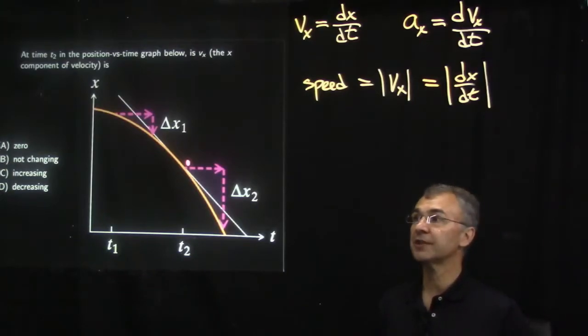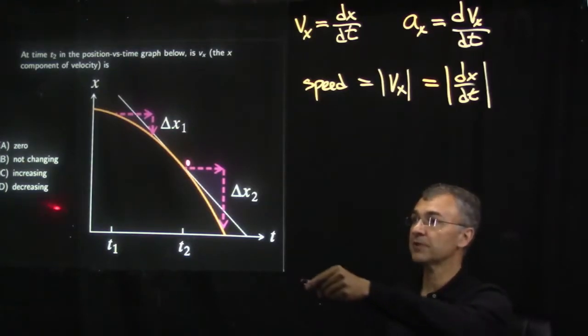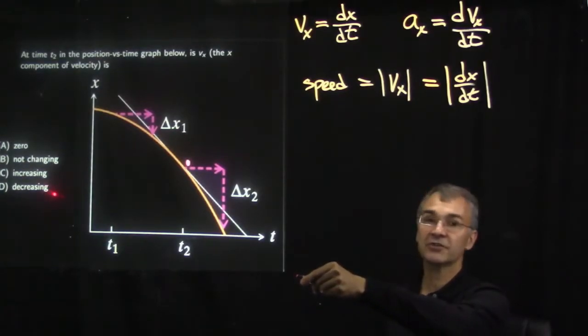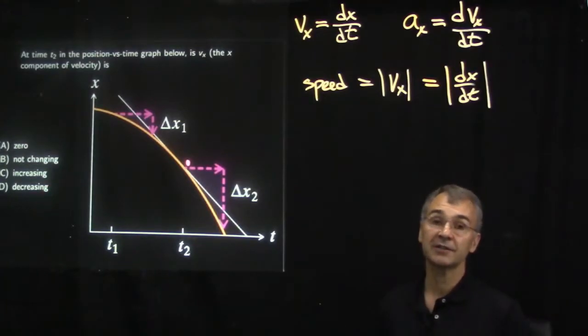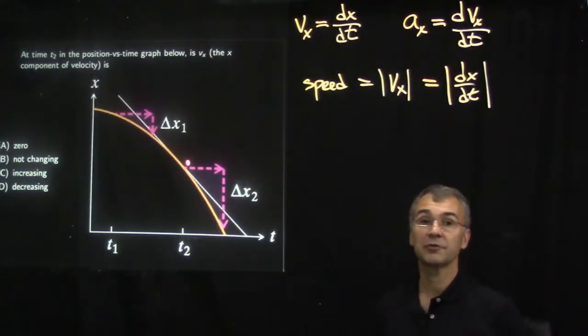So the object is speeding up, but its x component of velocity is negative and is becoming more negative. So I would say that v sub x, the x component of the velocity, is decreasing at time 2 here.